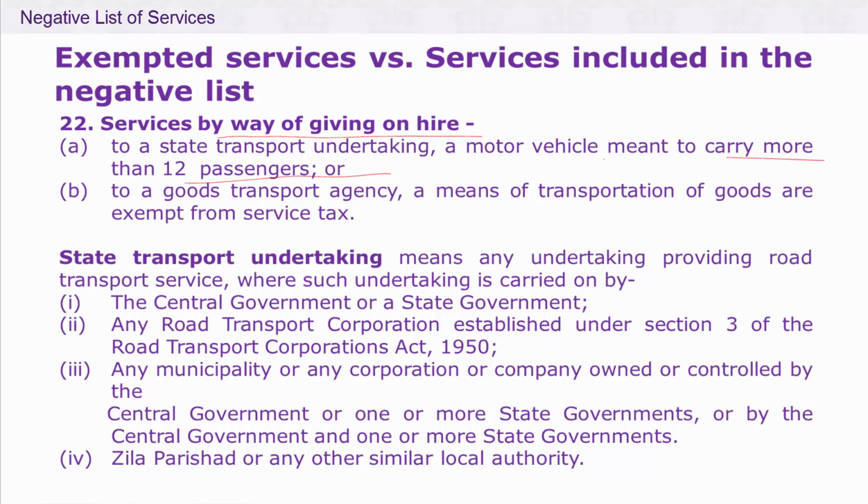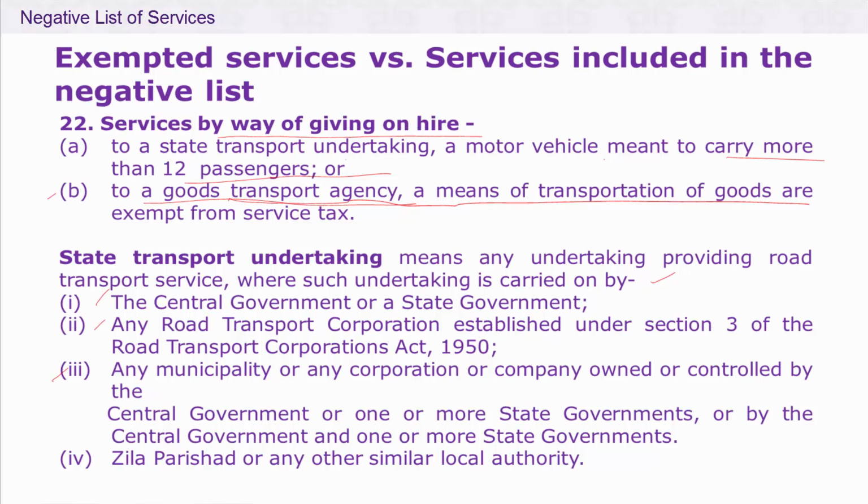The other one is about goods. If you are giving a vehicle to a goods transport agency for transportation of goods, that is covered under goods anyway. Next, state transport undertaking means any undertaking providing road transport service where such undertaking is carried on by central government or state government, road transport corporation, any municipality or corporation, Zilla Parishad, etc. That is the category.